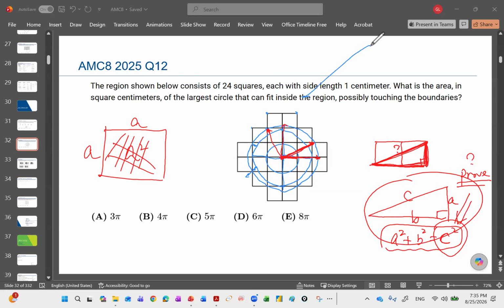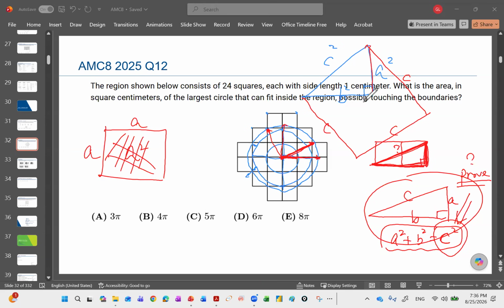This is A, this is B, this is C. So we want A square plus B square. How do we make it? Let's do something different. C square: let's make a square whose each side is C. What about A square? How do we create A square?